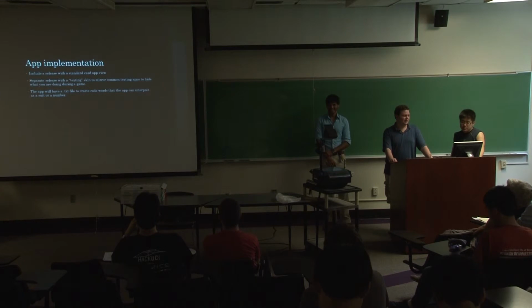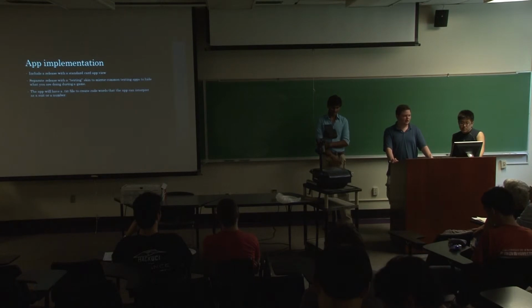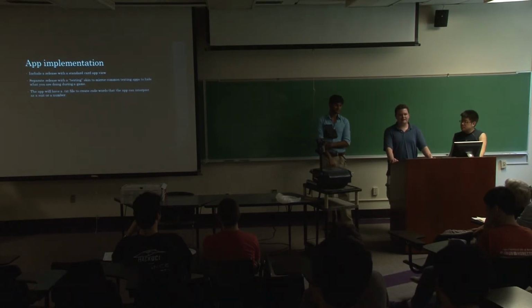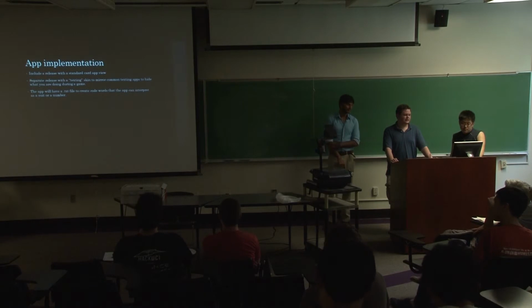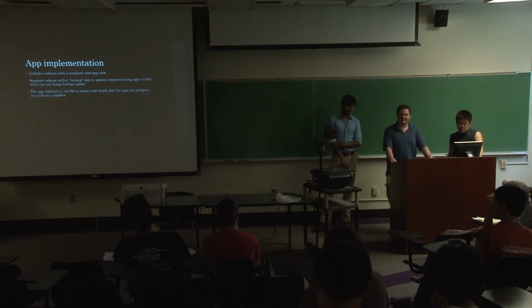We'll have a .txt file in the project where you can create code words that translate to, say, three of hearts or ace of spades. So you can create some pretty sneaky codes to get around your friends knowing what you're doing when you're just playing at a table with them.